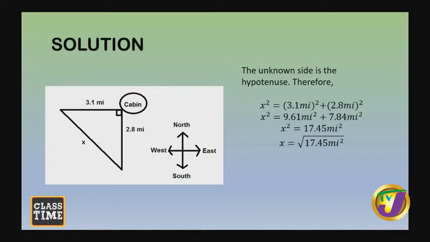If we want x, we're doing the reverse operation of squared, which is to find the square root. So we find the square root of this value. What do we get? 4.2 miles. So that would be the shortest distance between hiker 1 and hiker 2.